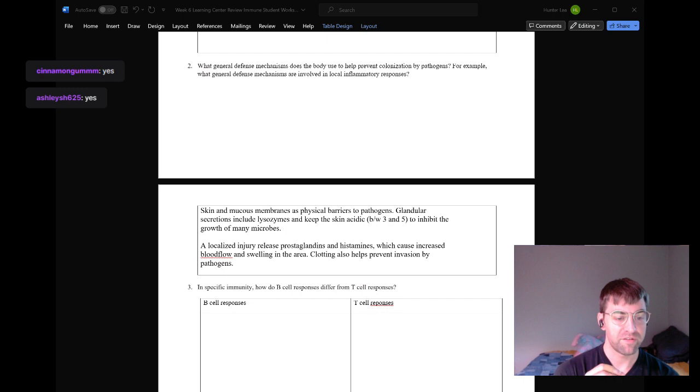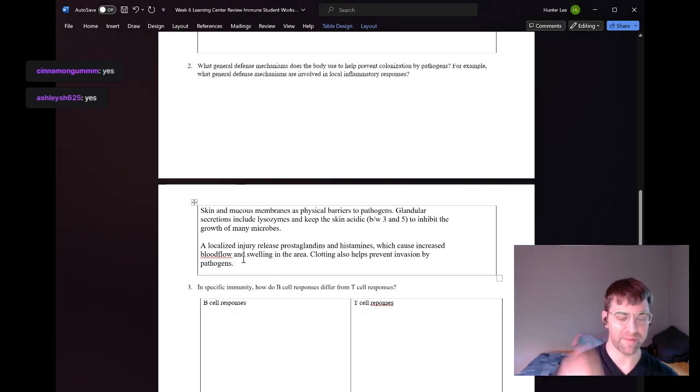We also have, and these are all part of the innate immune system, stuff that's active all of the time. It is a really generalized response to an invasion or to an injury, right? Just kind of good to keep in the back of our mind.